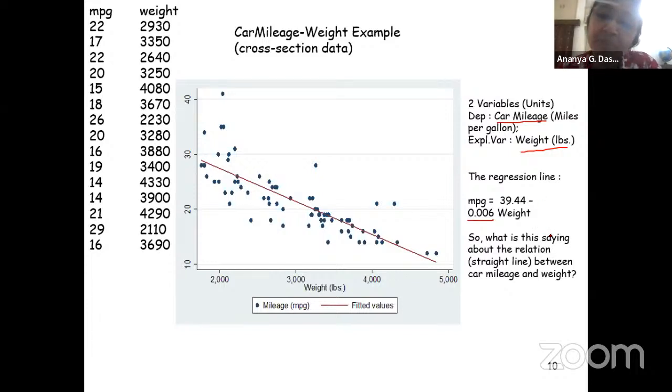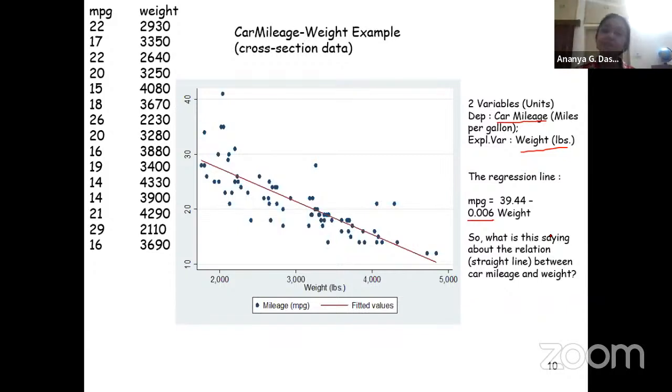So it's 39.44 minus 0.006. So what this is saying about the relation between weight and mileage is the following. If the weight of a car increases by, let's say, 100 pounds, then the mileage that it gives decreases by 0.6 miles per gallon, okay? 0.006 into 100, okay?